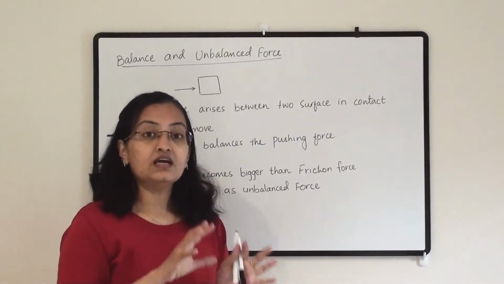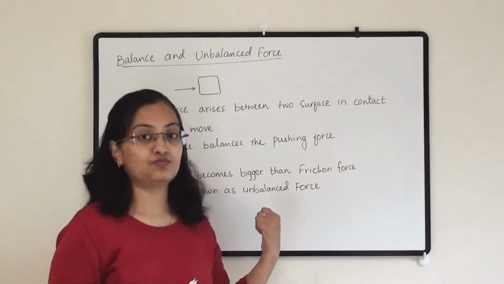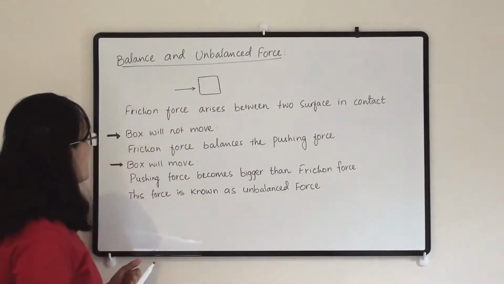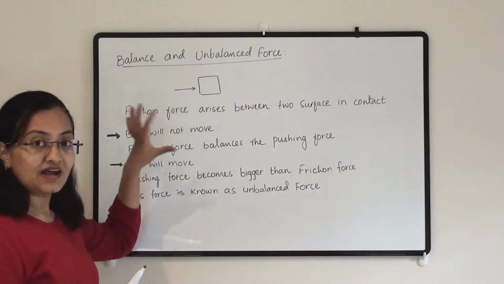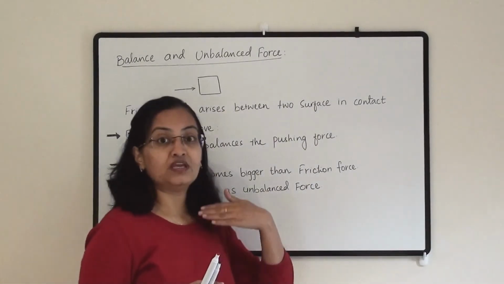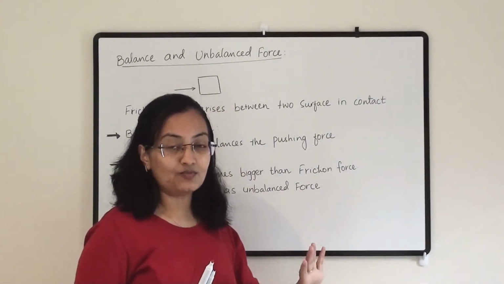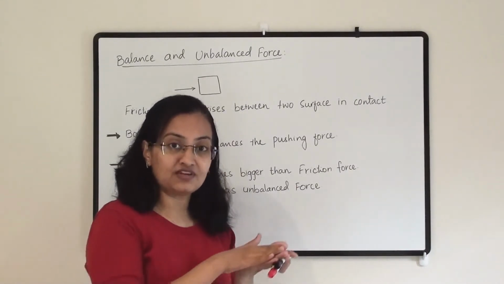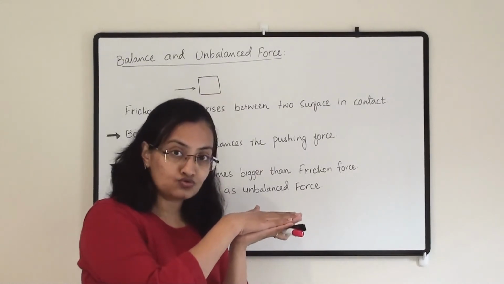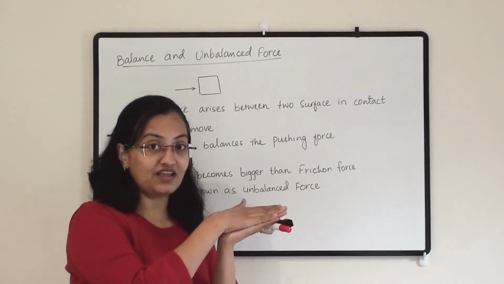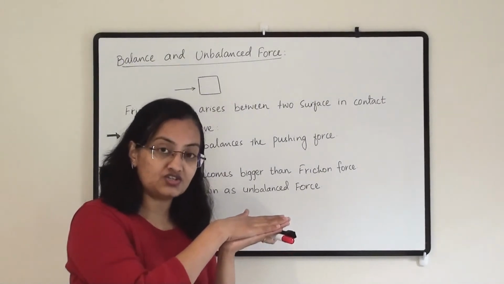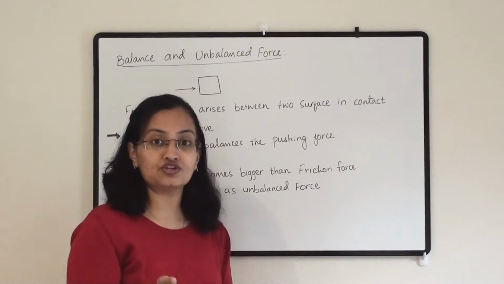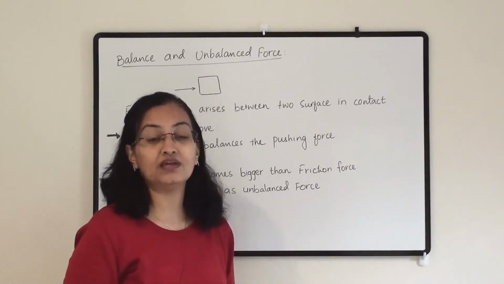Now let us understand this situation as per physics terminology. Whenever I say that my push should be more than its weight, why is it happening like that? Because whenever two surfaces come close to each other, or come in contact with each other, there will be a friction force between them, and friction force is very important.